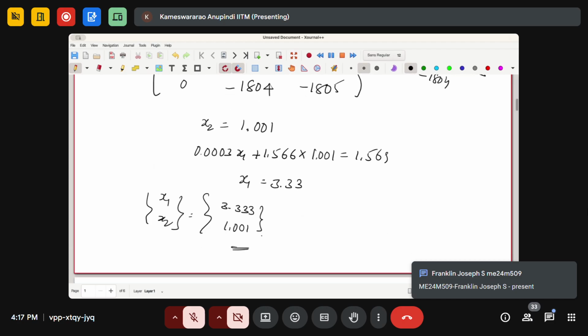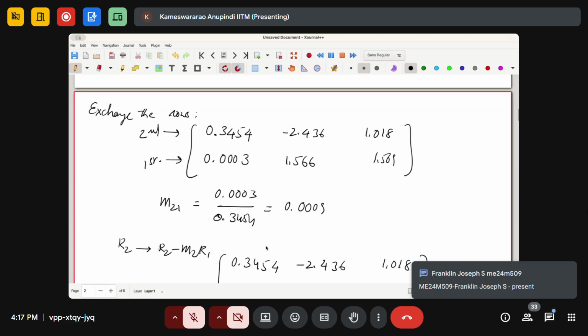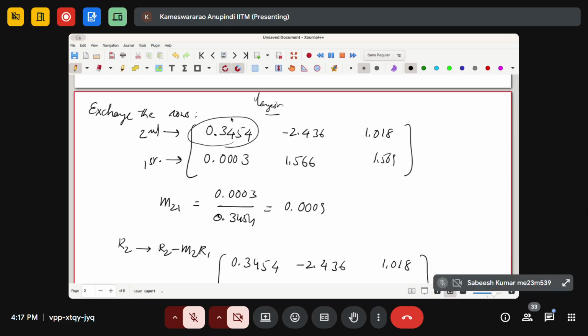So it is always good practice to keep the largest element as the pivot element, rather than whatever value is given, which may not be the largest element, okay?